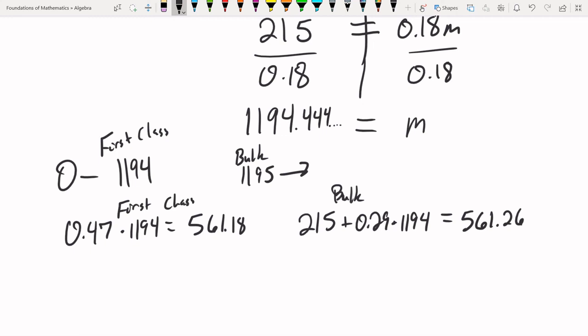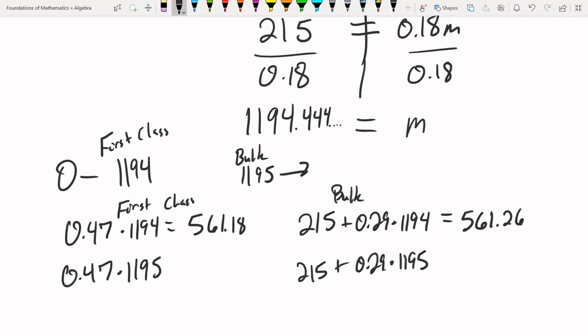Now, if we're going to go up one single letter for both of them to 1195, doing that gives us 561.65 for first class and $561.55 for bulk.